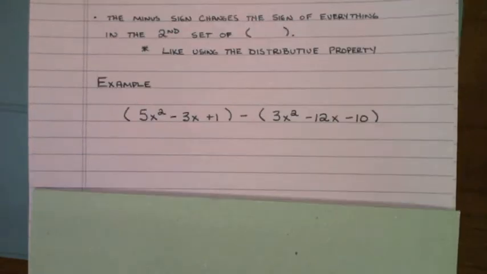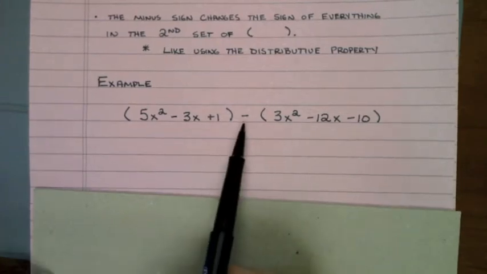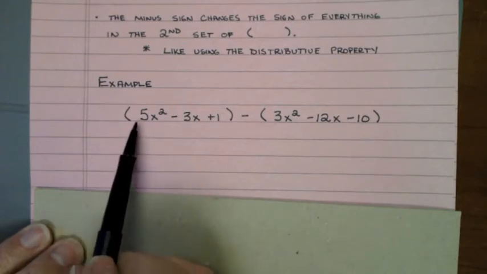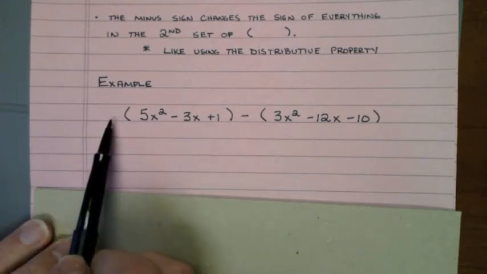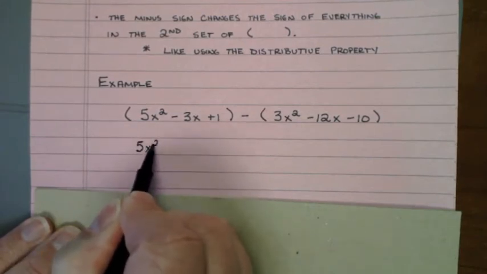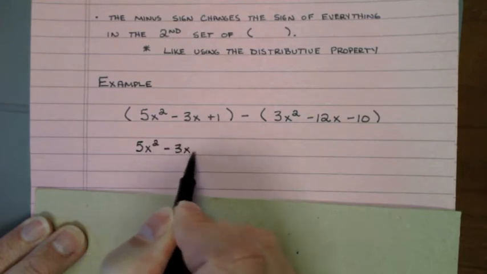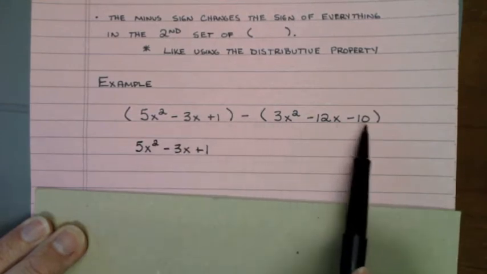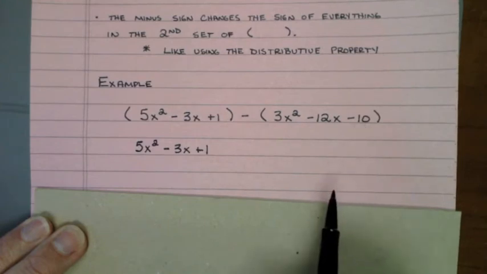Our first example, this is a subtraction problem because there's a minus sign in between there. So this first set of parentheses, this first polynomial doesn't have a minus sign out here, so I'm going to rewrite each term exactly the way it is. This minus sign is then going to change the sign of every term in this next polynomial.